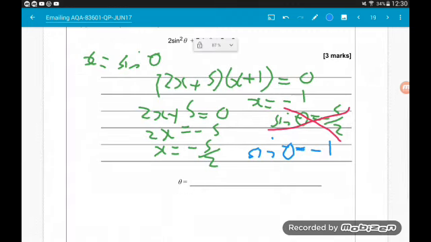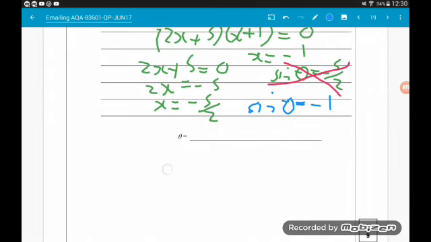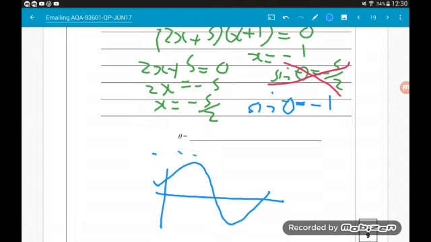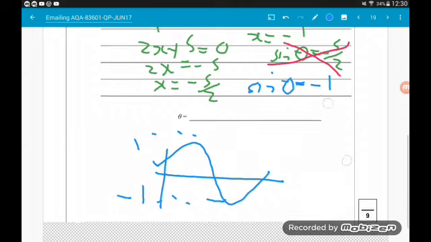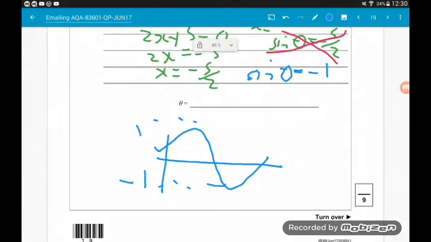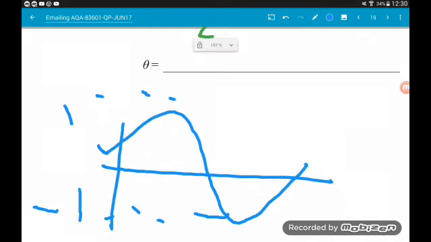So let's sketch the graph. It's the cool thing to do. There's our lovely graph. Maximum point of 1. More importantly though, minimum value of minus 1. So the point where the graph goes through the x-axis is 180.